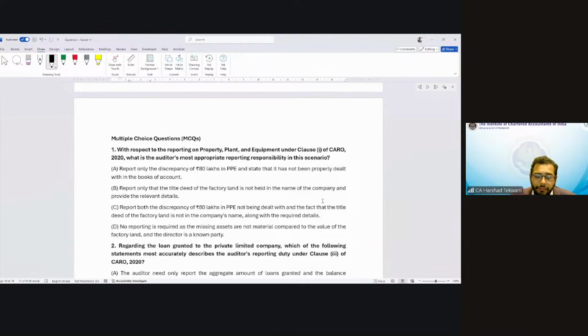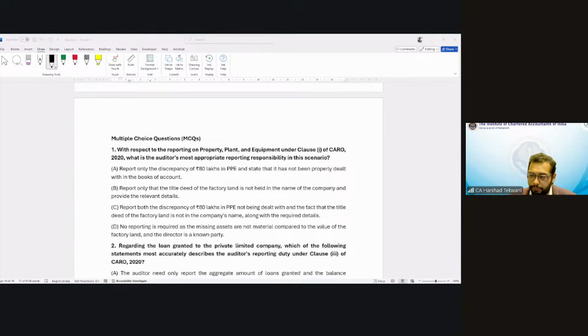However, the discrepancy is not properly dealt with in the books of accounts, and the second case is very clear that the deed is not in the company's name. The company has to report the description of the property, gross value, amount, name of the holder, all these things, as we studied. That is very much clear. But on the 80 lakhs point, the total value is not given. Still, the most appropriate is option C, whether marks are provided or not.